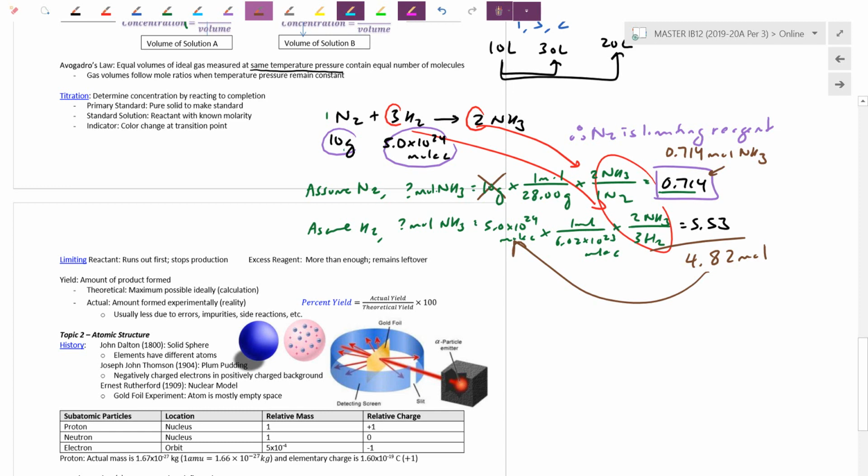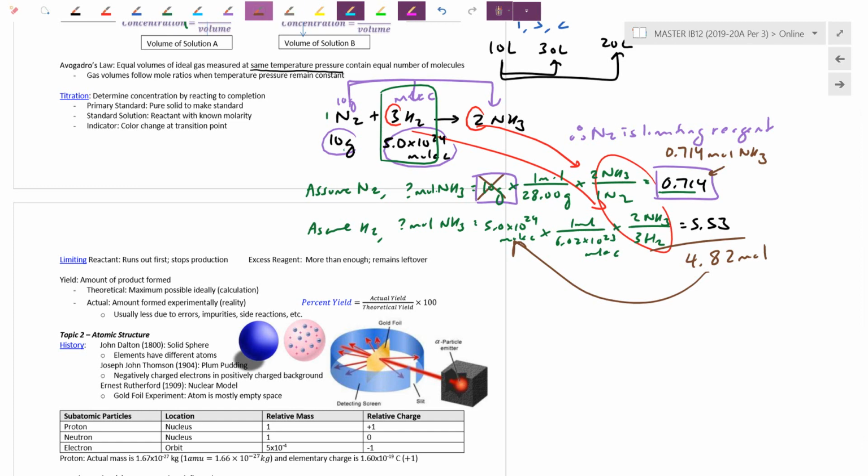Or what you can do is start off with the limiting, start off with the 10 grams, and figure out, instead of jumping from N2 over to NH3 like we did, by the time the 10 grams get used up, how many molecules of the H2 it has actually consumed, and then I take the 5 times 10 to the 24 minus what you calculate there. Both ways, give or take a little bit of sig figs, should give you the same number. That's your excess.